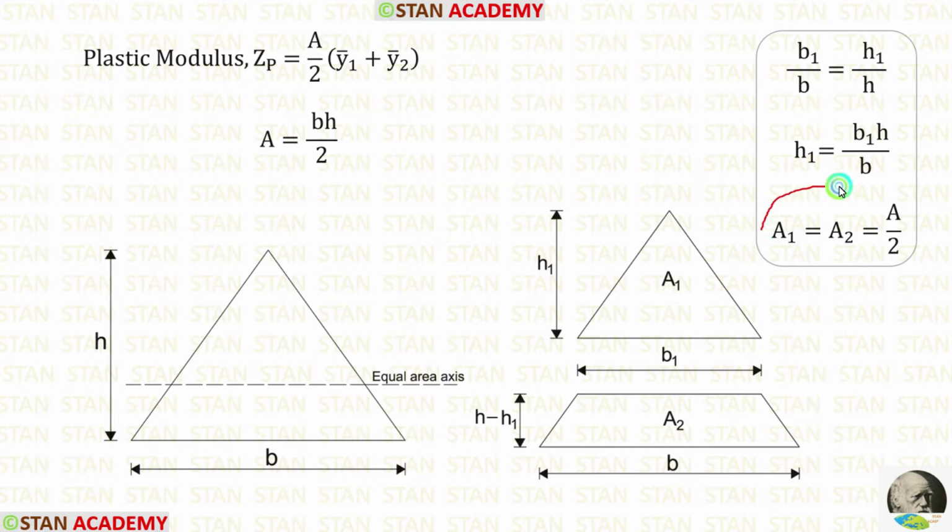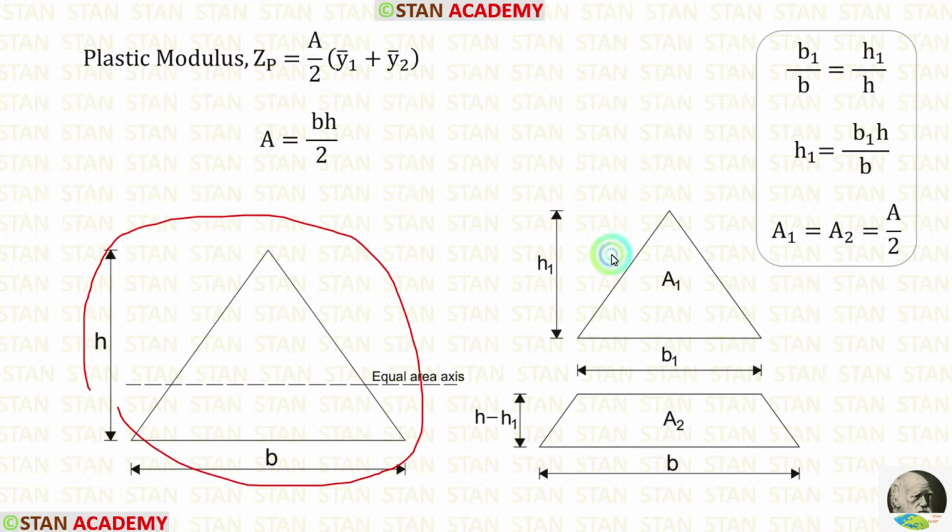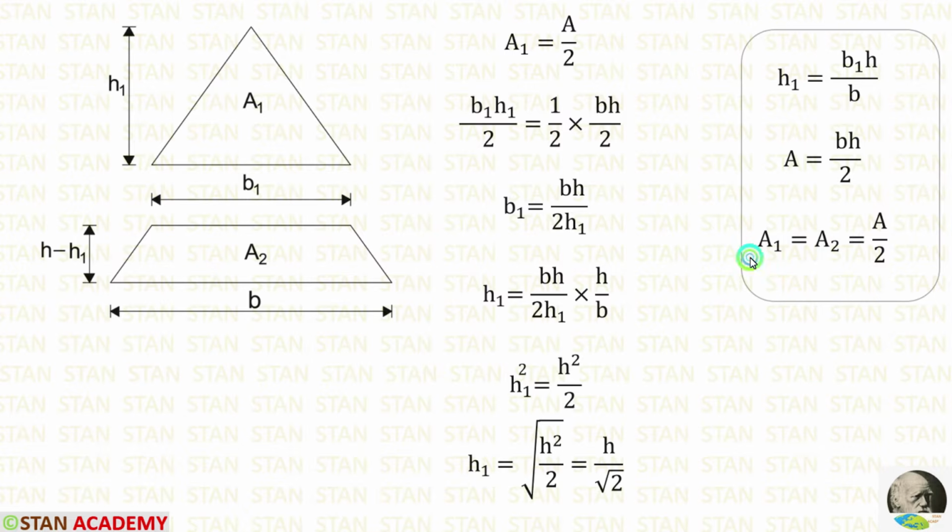Also we know that A1 is equal to A2 is equal to A by 2, because the total area is divided into two equal parts. Let us calculate A1. This is a triangle. The area formula is half into b1 into h1, so for A1 we are having b1h1 by 2.